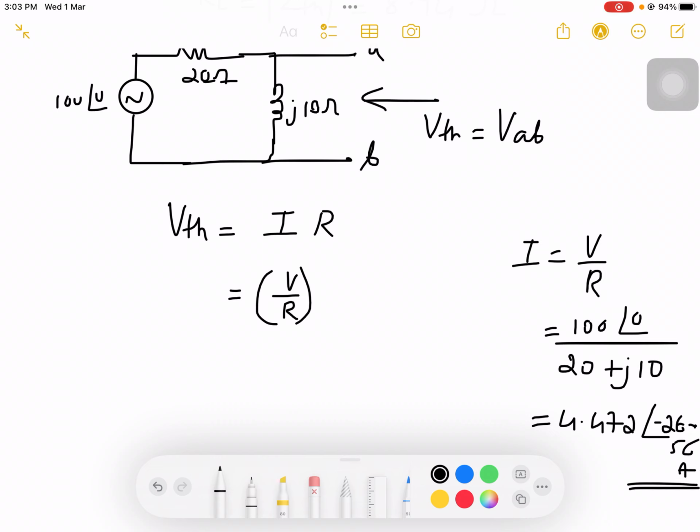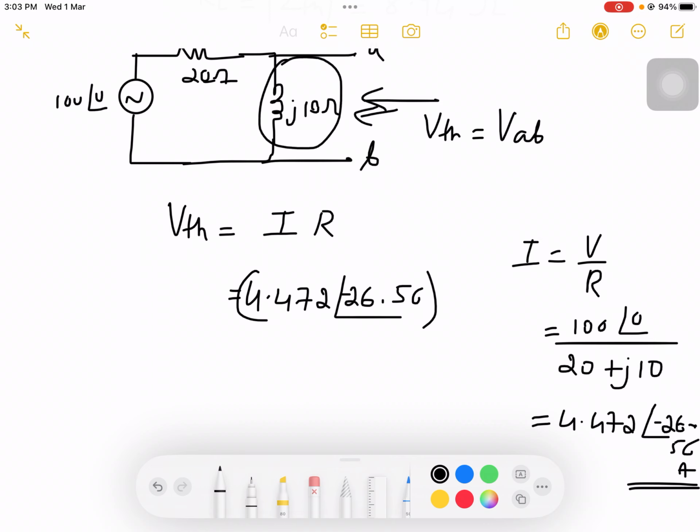I can substitute directly: 4.472 at an angle of minus 26.56, and R here is J10.